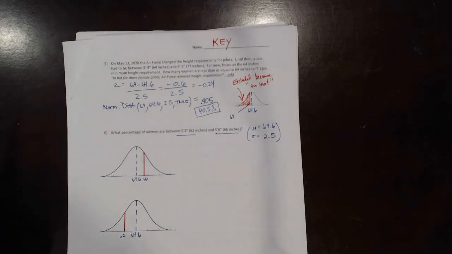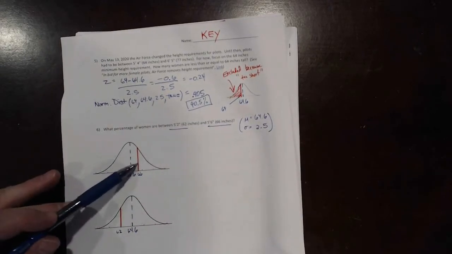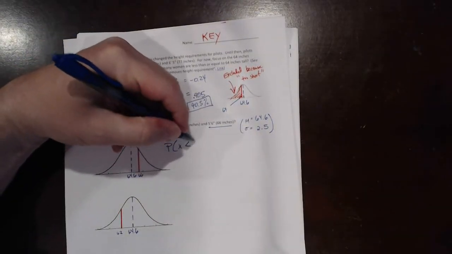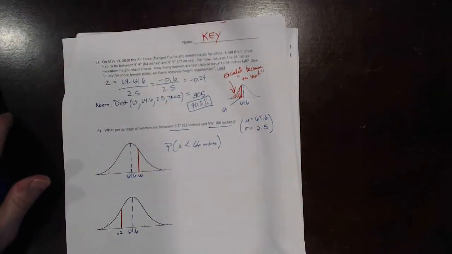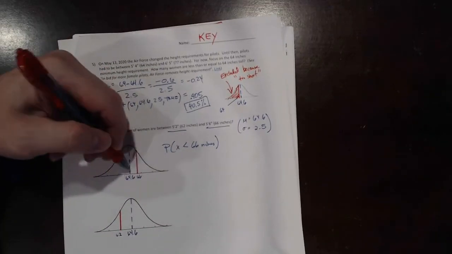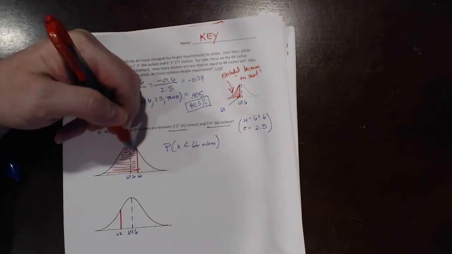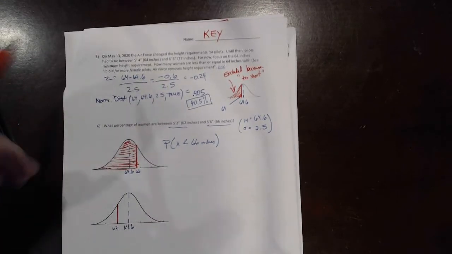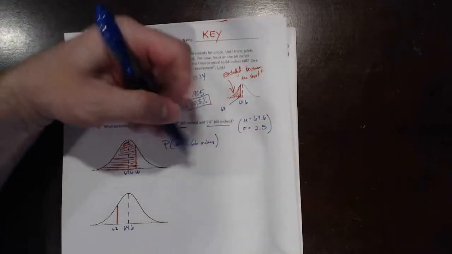The way you're going to solve these is you're going to say, look, I'm going to find the probability that x is less than 66 inches, whatever that is. So all this range here to the left, fill this all in. Then we do the same thing. I'm going to set up the z-score so we can see it here.